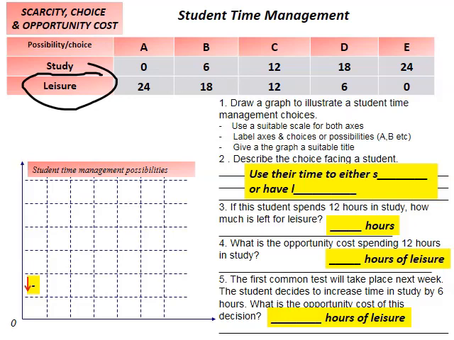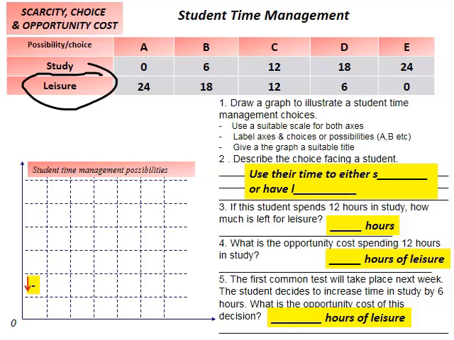And you can see from the table, if you were a super lazy student, you would be at point A, because you'd spend 24 hours enjoying leisure or not studying, which means 24 hours of leisure means 0 hours of study, no time. You've used it all up, not studying.